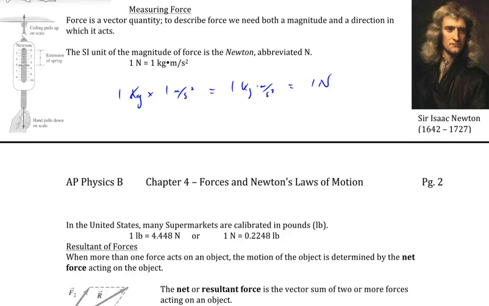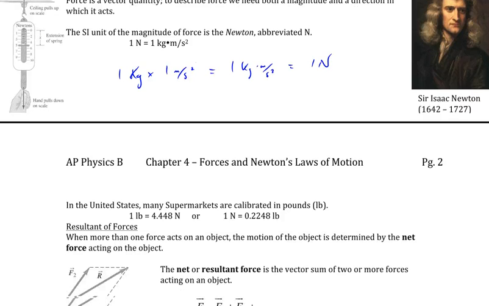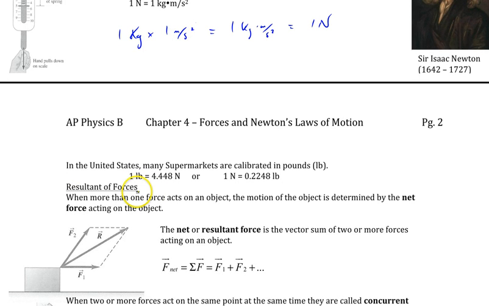Down below here, I have a section saying resultant force. You see, on an object, it's not typical that we have just one single force acting on it, but we have a lot of forces acting on it. And so we usually find what is called the vector sum of all the forces acting on the object, which we call the resultant force or the net force.